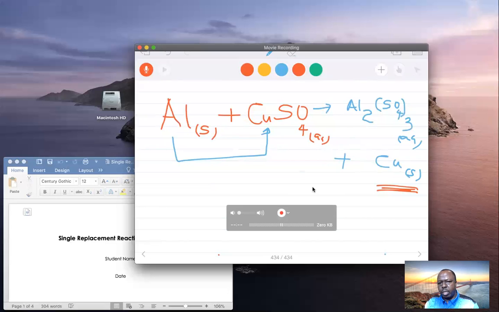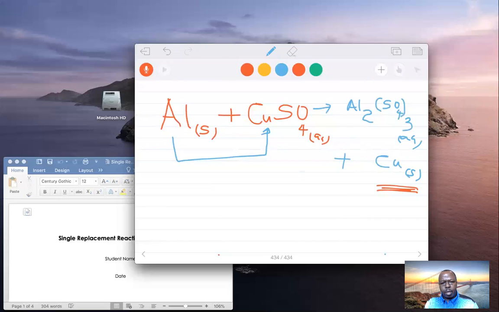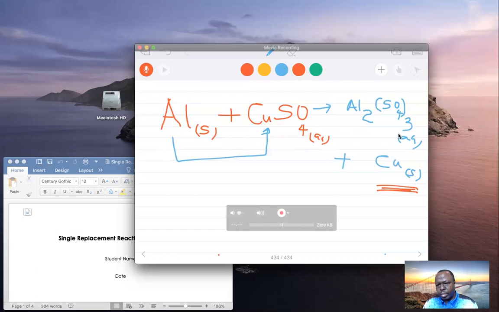At this point, the equation is not balanced. Remember the basis for stoichiometry, the equation should be balanced. Using trial and error, we need to balance the equation. For example, I do have 3 sulfate. You see here, we have 3 sulfate. Don't break it into sulfur and oxygen, it's gonna be too much. Read this as 3 sulfate, and we need a 3 in front of copper 2 sulfate.